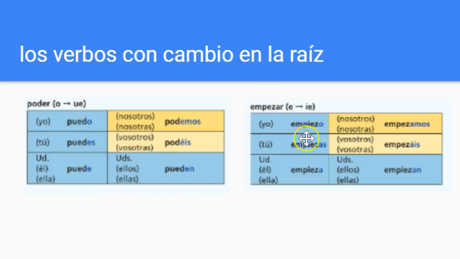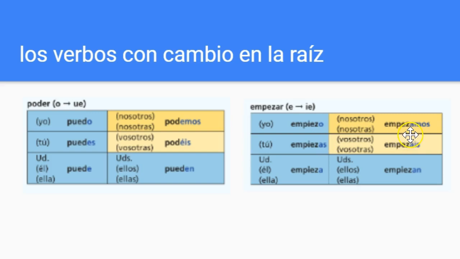And then empezar, the E becomes an IE when it's stressed. When it gets the stress, that's what happens. So empezar is to begin. Empiezo is I begin. Empiezas. Empieza. Empezamos. So again, see, there's no change. And the reason is because the E is no longer stressed.